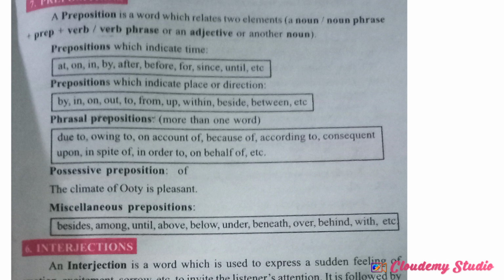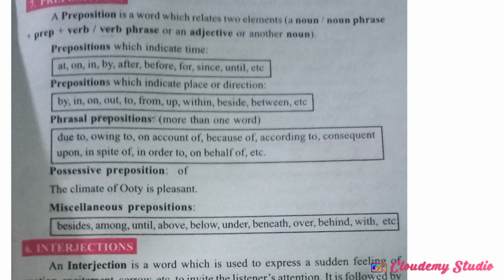Possessive preposition: the climate of Ooty is pleasant. So the climate of which place? Ooty. The word of over here is a possessive preposition. Miscellaneous ones like besides, among, until, above, below, under, beneath, over, behind, with, etc. are considered miscellaneous prepositions.